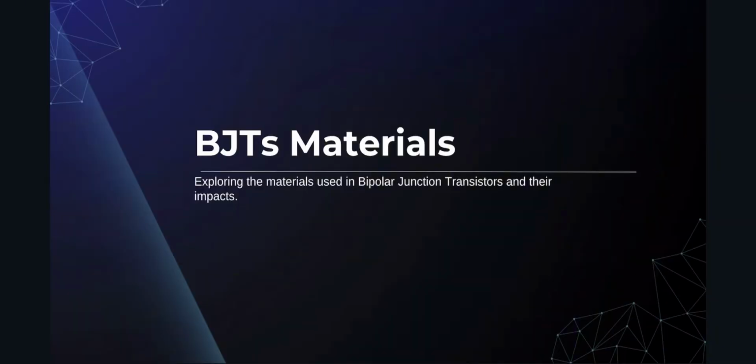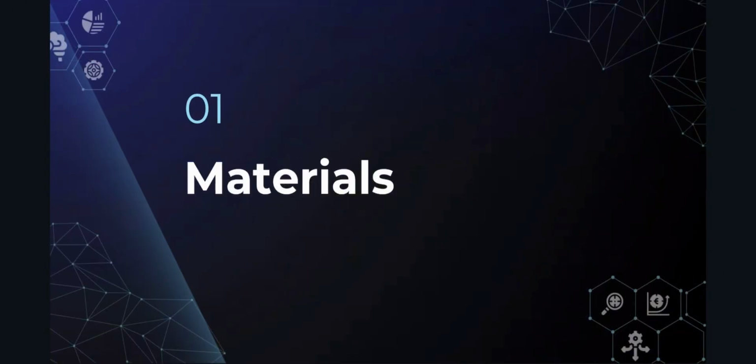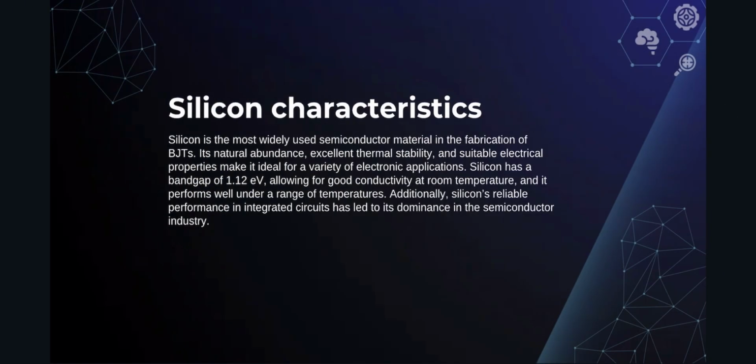Materials. Silicon characteristic. Silicon is the most widely used semiconductor material in the fabrication of BJT. Its natural abundance, excellent thermal stability, and suitable electrical properties make it ideal for a variety of electronic applications.